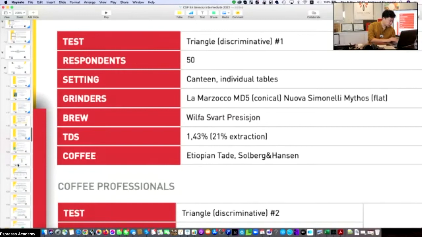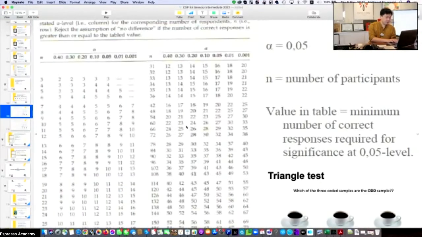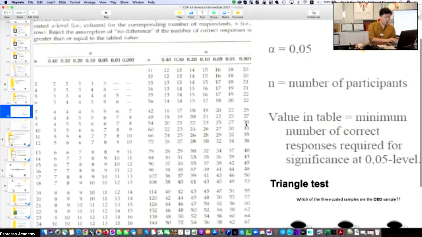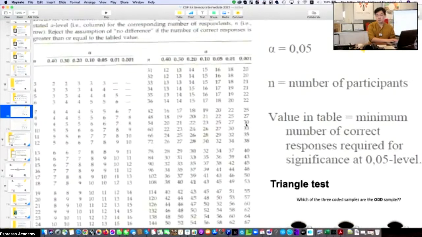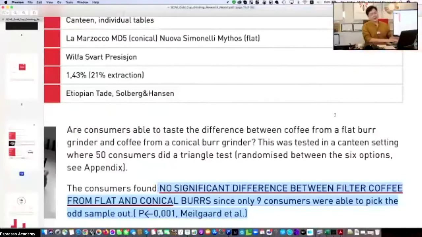Triangulation for 50 people with a p-value of 0.01, you are required to have at least 30 correct responses, to say something about the coffee, to reject the hypothesis. But right now, they failed to reject the hypothesis. The hypothesis that the SCA created is that flat burr, conical burr, there is no difference.